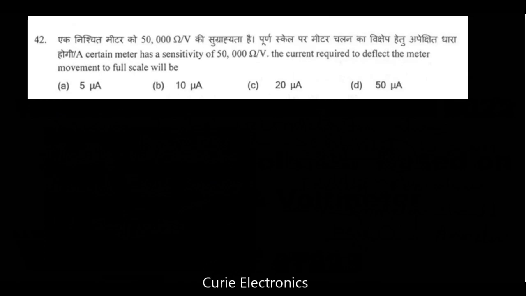This question is based on the sensitivity of the voltmeter. Sensitivity S equals 1 upon full scale deflection current. This I suffix FSD means full scale deflection current.